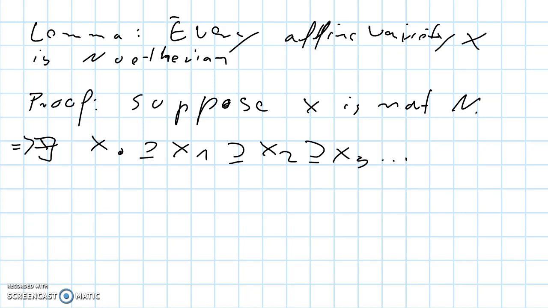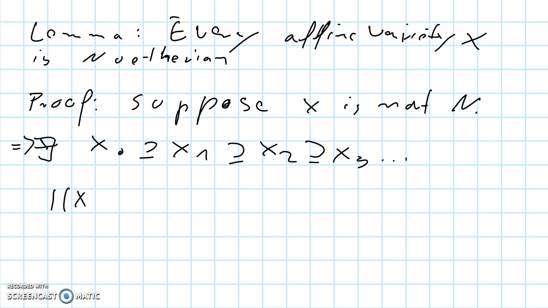And now if you apply the operation I to this chain, so meaning you look for every closed subset Xi, you look at the ideal of this closed subset, you get a strictly increasing chain of ideals.